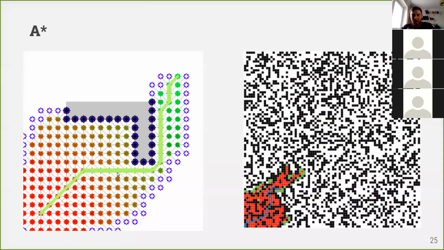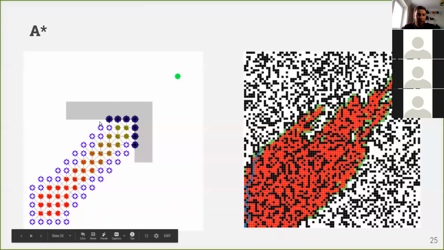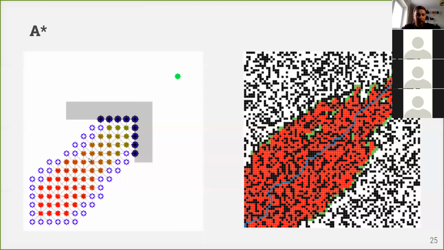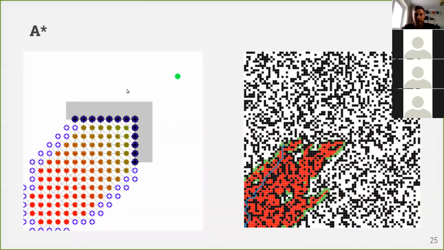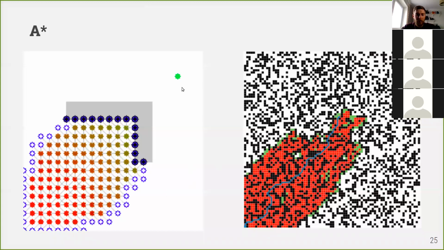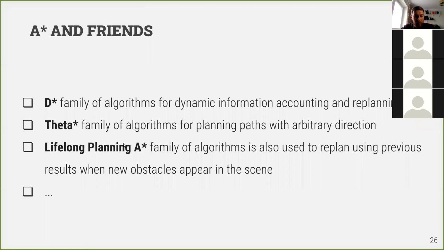So the cool thing about D star is that it doesn't have to replan the whole thing if there is a new obstacle. It uses the plan it already had and the weights of different nodes it already had and just replans the part which gets the new obstacle.